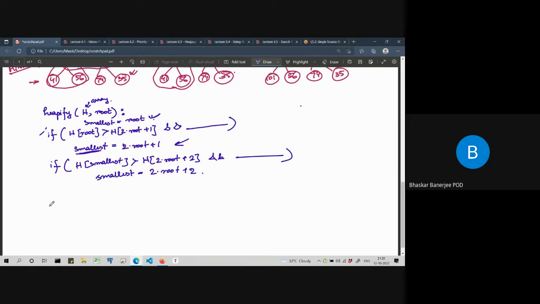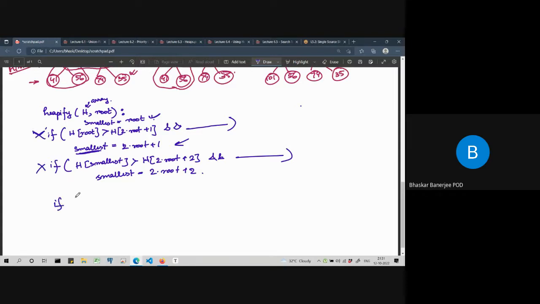After that, remember what we did? We made a swap. We would do a swap with the smallest element and the root. But what happens if the root is itself the smallest? In some scenario, it might happen. The root is itself the smallest. Both these if cases resulted in false. So that's why we also make a check over here.